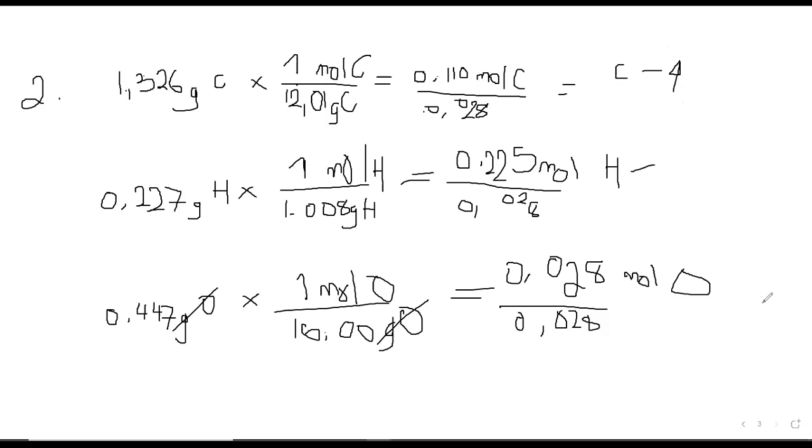Then 0.225 divided by 0.028 gives a value of 8. Then this one, of course, will give a value of 1.